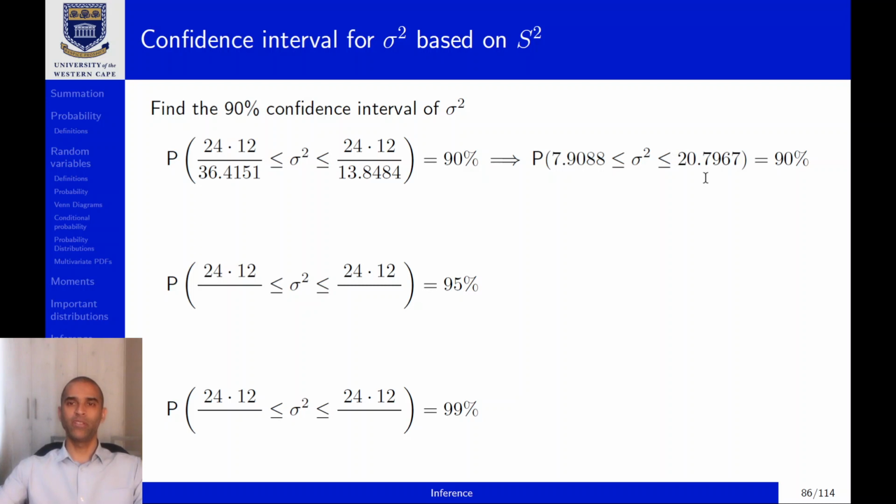Again, the way we interpret this is that should we sample data over and over, calculate sample variances, and estimate confidence intervals based on that estimate, in 90% of cases, the intervals will include the true value of the variance. If we have drawn one sample, we don't know whether our particular confidence interval is one of the 90% or one of the 10% that does not include the true variance for this given population.